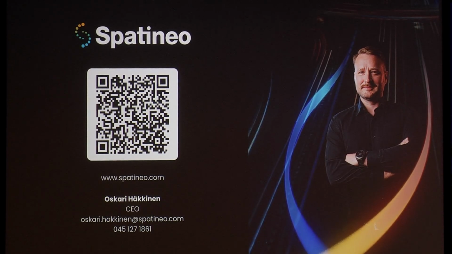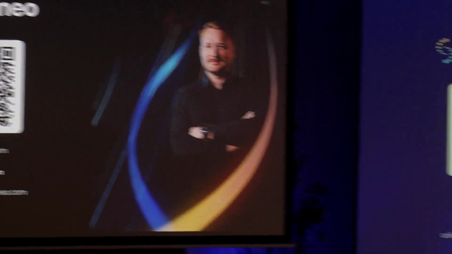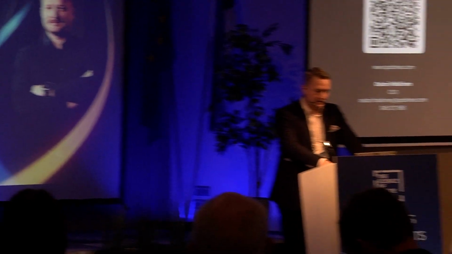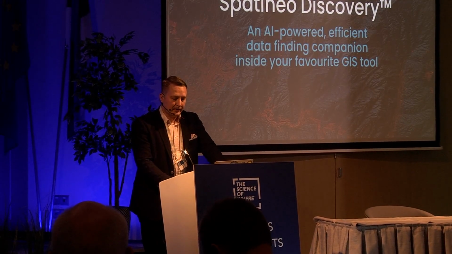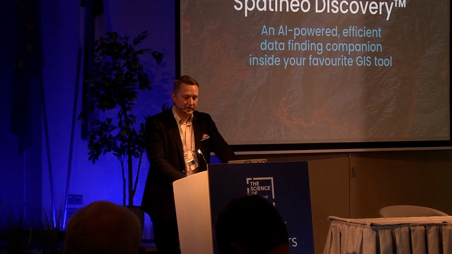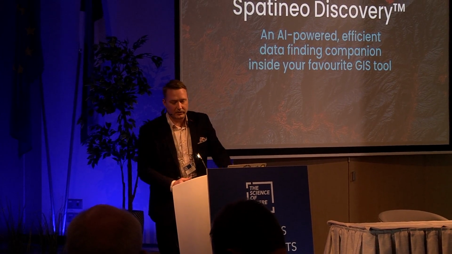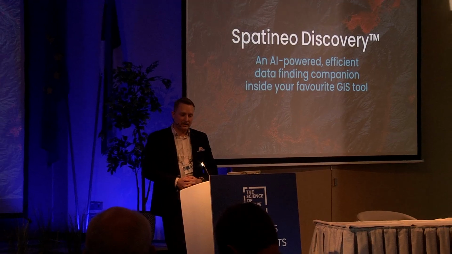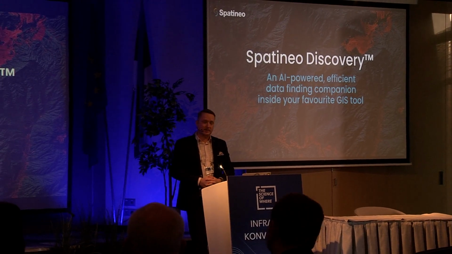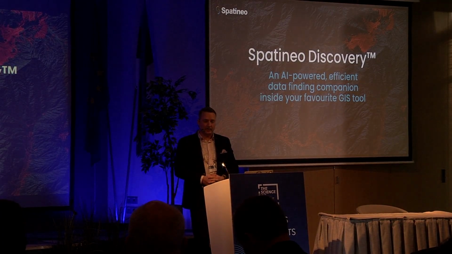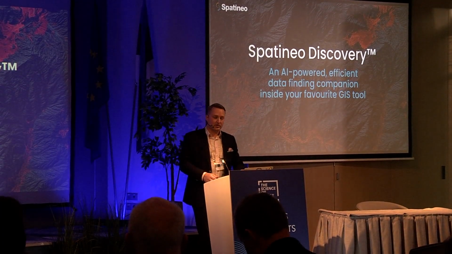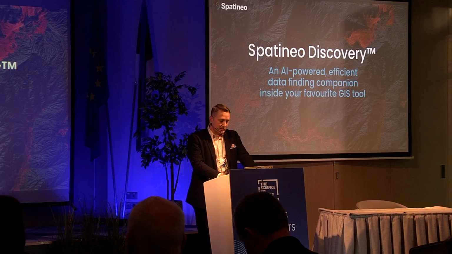So I will also tell you a little bit what we've done in the last 2 months. This is really new, but we have started together with Esri Finland this discovery, which is a bit different topic, but for GIS professionals as well. This is for searching geospatial data and attaching it to your ArcGIS Pro project straight away.